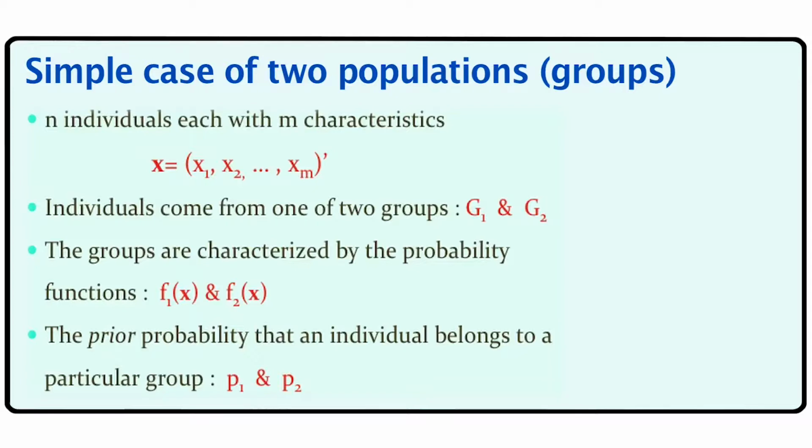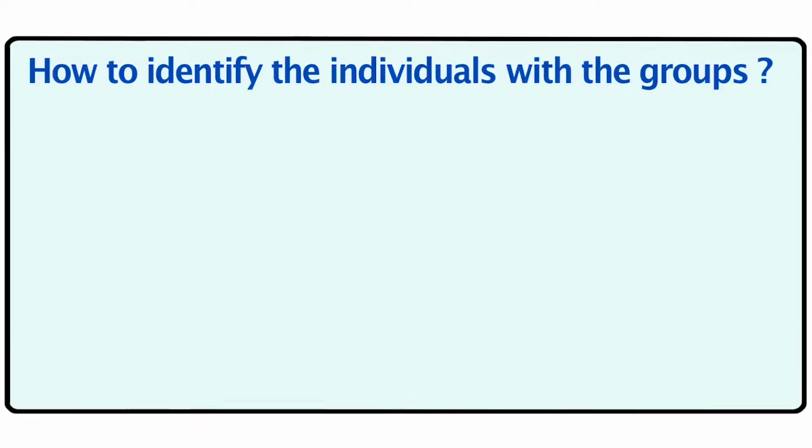So it's either P1, the probability that an individual comes from group 1, or P2, the probability that the individual comes from group 2. Since all individuals must come from one of the two groups, it's obvious that P1 plus P2 must be equal to 1. Now, how to identify the individuals with the groups?